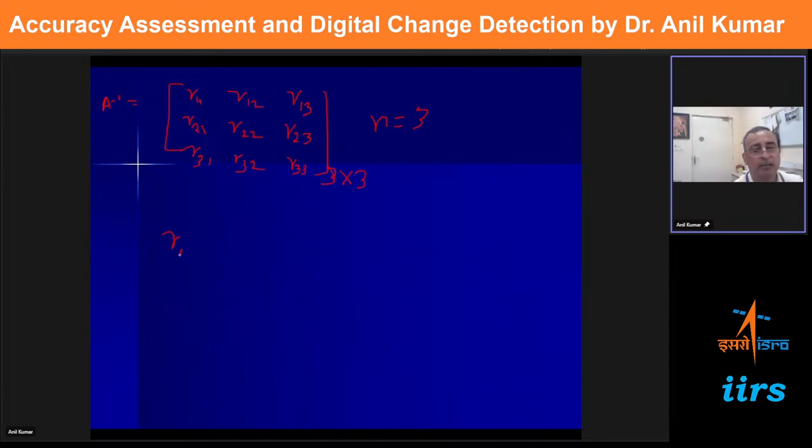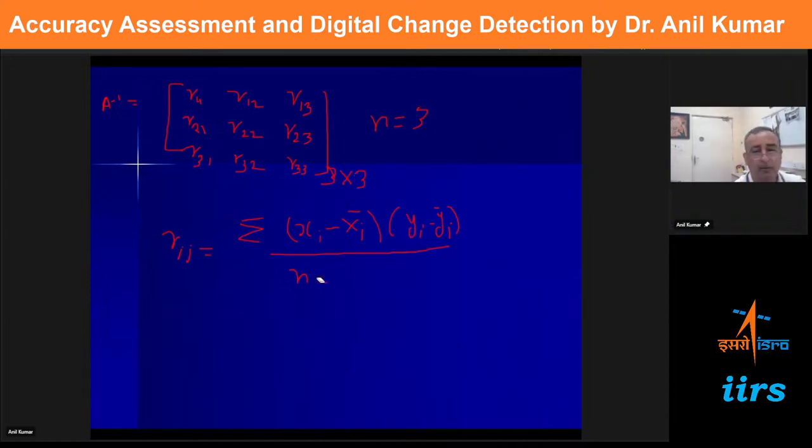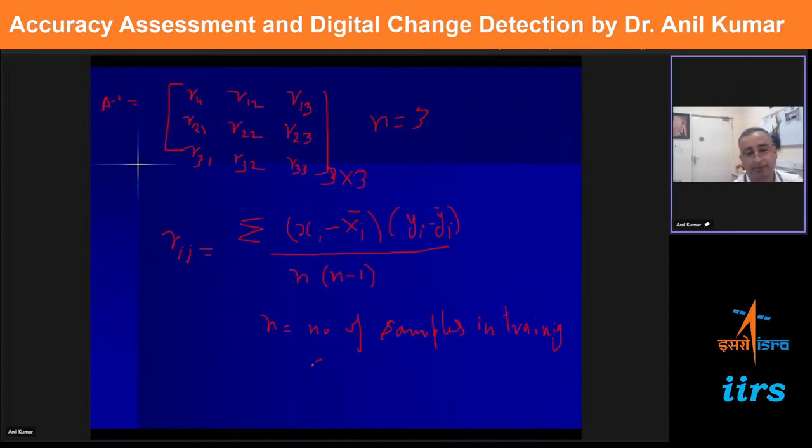So how to calculate here? Rij can be calculated by summation of xi minus x bar, and then yi minus y bar, divided by n into n minus 1, where n is the number of samples in training data, right?